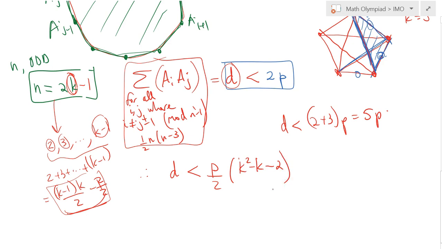And further, now the tricky part, I can write this by replacing k with n. So k is just equal to n plus 1 over 2, so therefore this whole thing becomes n plus 1 over 2 squared minus n plus 1 over 2 minus 2. And you can just simplify stuff.